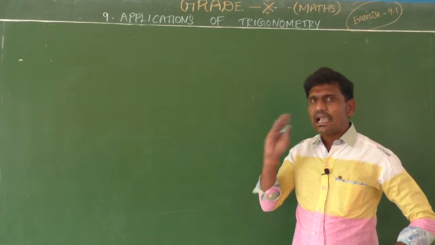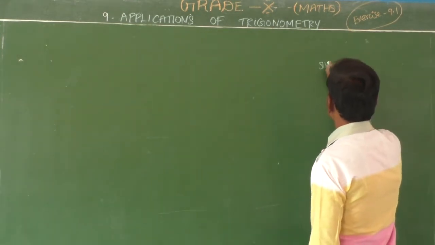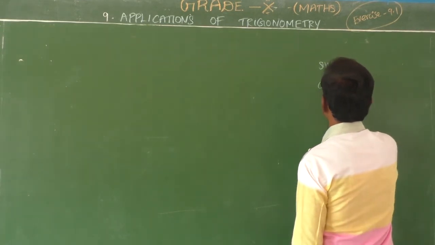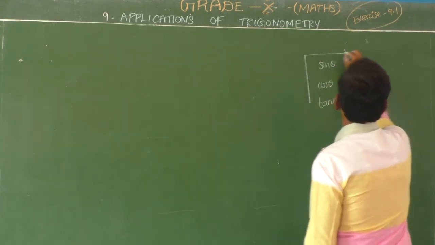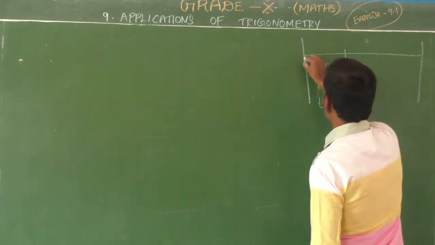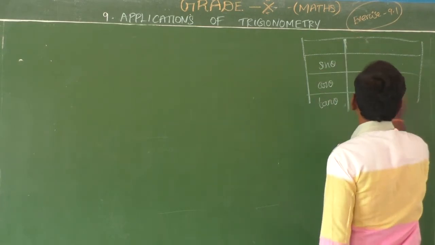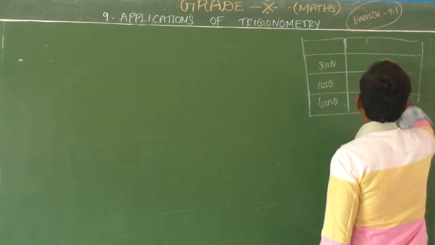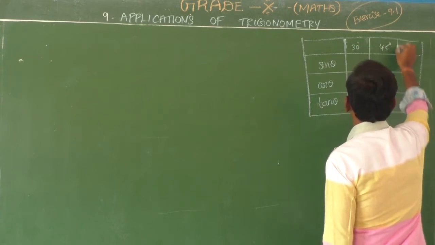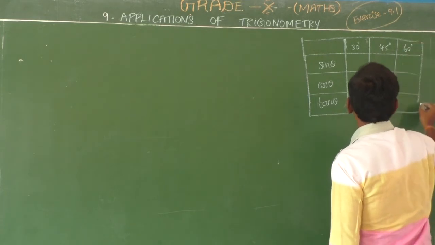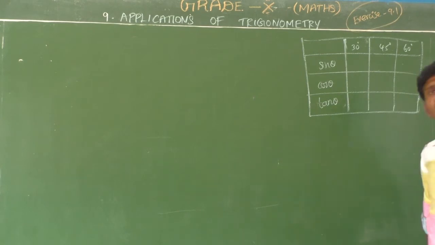In this chapter we are going to use sin theta, cos theta, tan theta, these three only. And most of the time we are using only some angles: 30 degree, 45 degree and 60 degree. These we use in the maximum number of questions in the exercise.